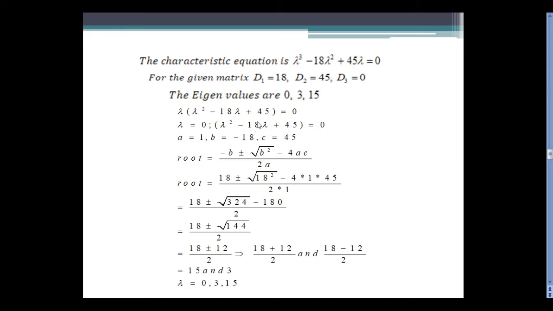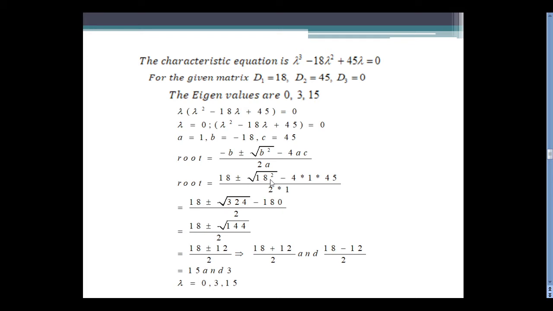Now, this quadratic equation can be solved by the sum and product method or by using the formula. The coefficient of lambda square is A, which is 1. The coefficient of lambda is minus 18, which is B. And the constant term we take as C. Now the formula is root equal to minus B plus or minus square root of B square minus 4AC divided by 2A.